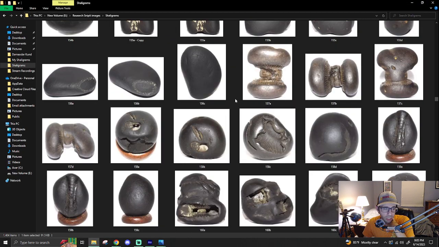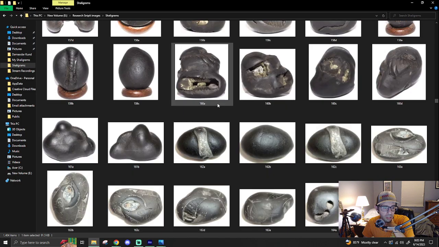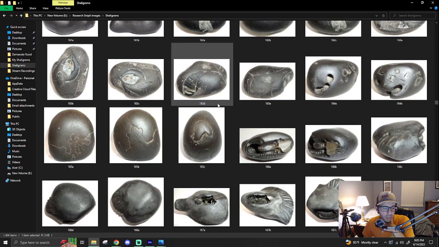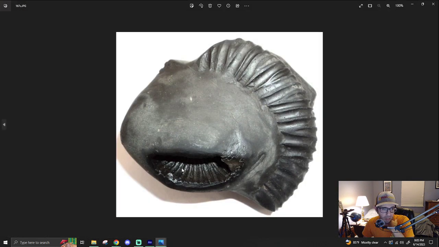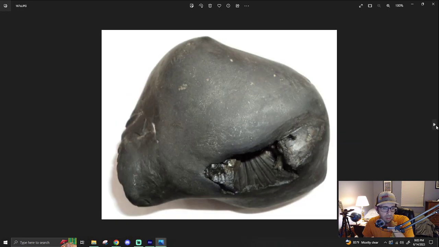I'm just thinking, nothing particular. Okay, I like this one. Is clearly the opposite direction, if anything. Yeah, this is the bottom.